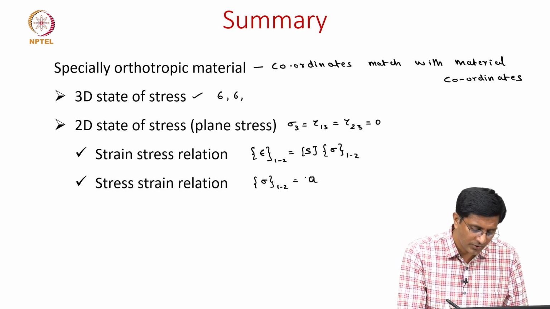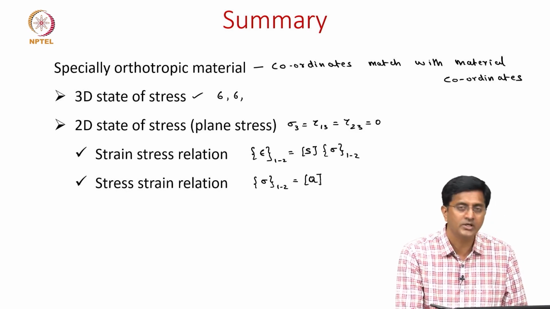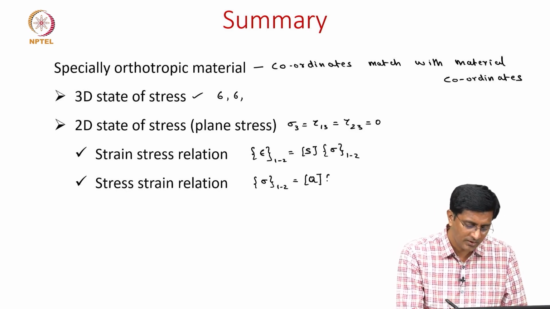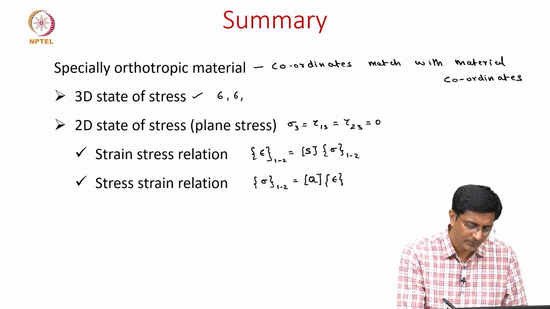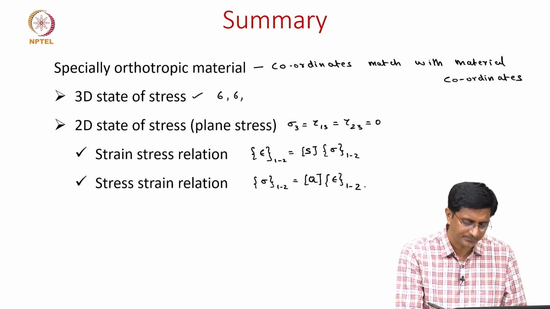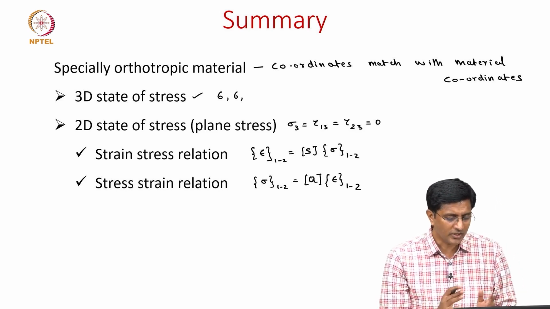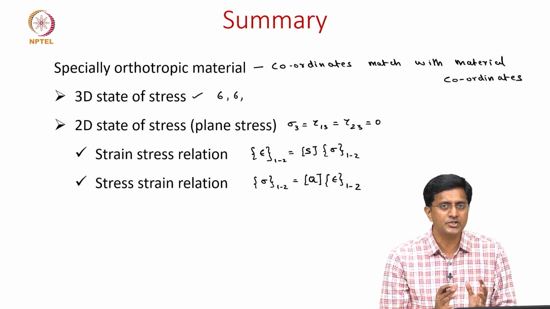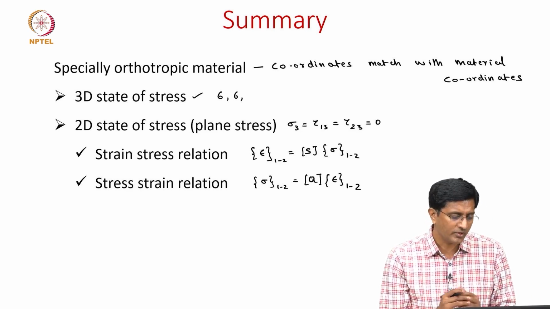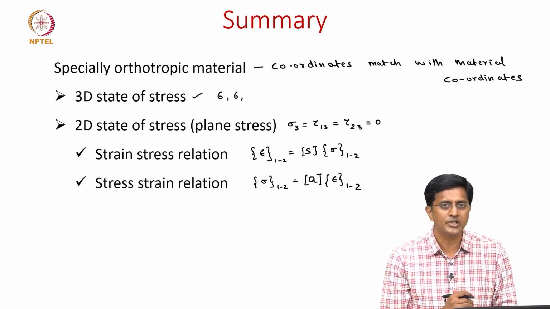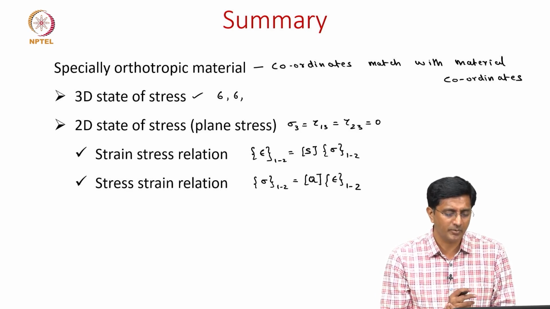This time we will be using Q to denote this 3 by 3 matrix times the strains in the principal coordinates. So, this should summarize the stress strain relations we need to apply for 2D state of stress or the plane stress of a lamina.